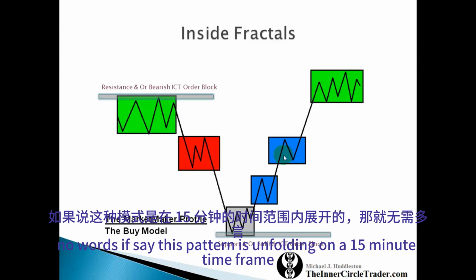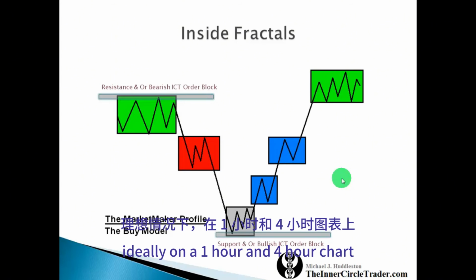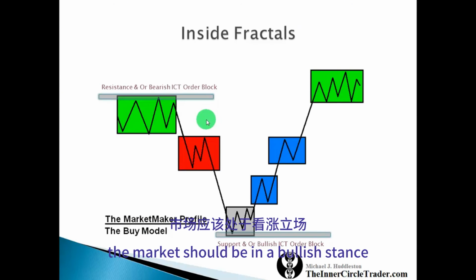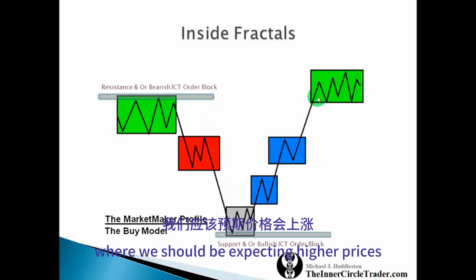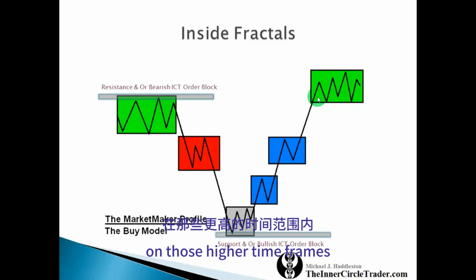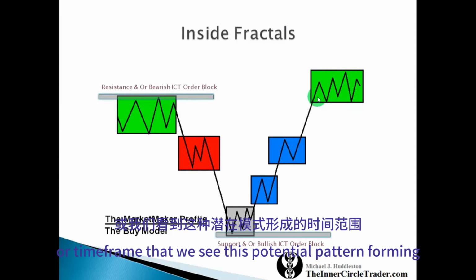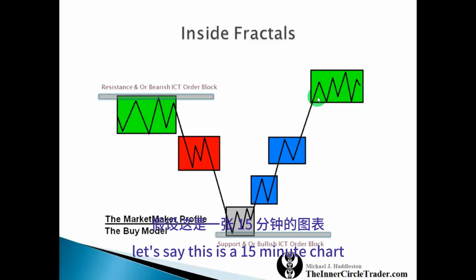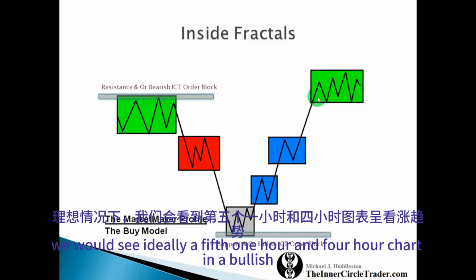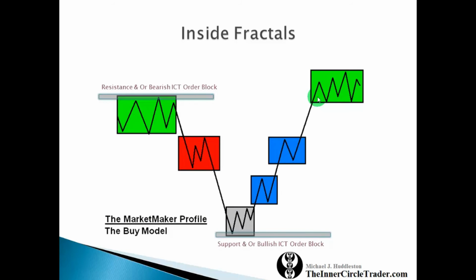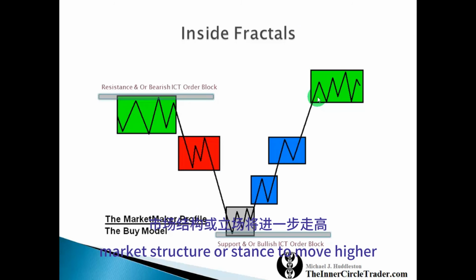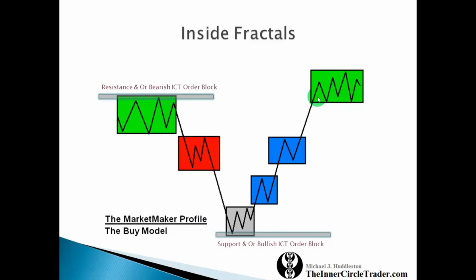Say this pattern is unfolding on a 15-minute time frame; ideally on a 1 hour and 4 hour chart, the market should be in a bullish stance, where we should be expecting higher prices on those higher time frames. Again, we look at the two higher time frames from the time frame we see this potential pattern forming. For example, let's say this is a 15-minute chart.